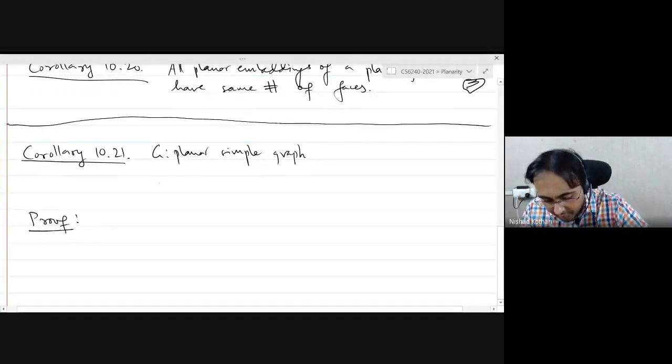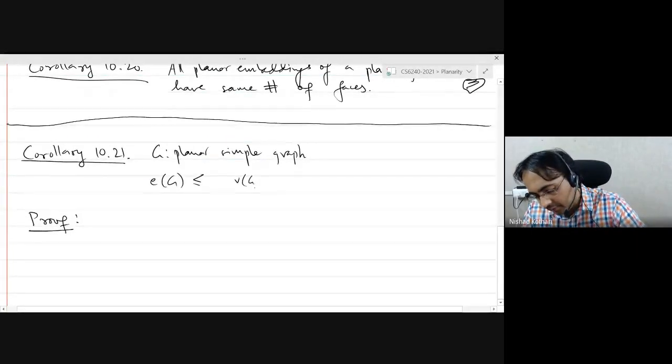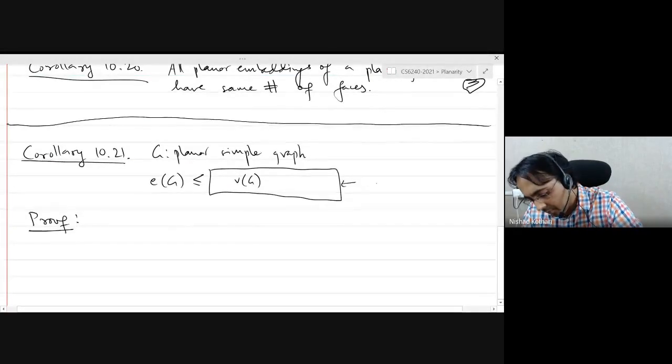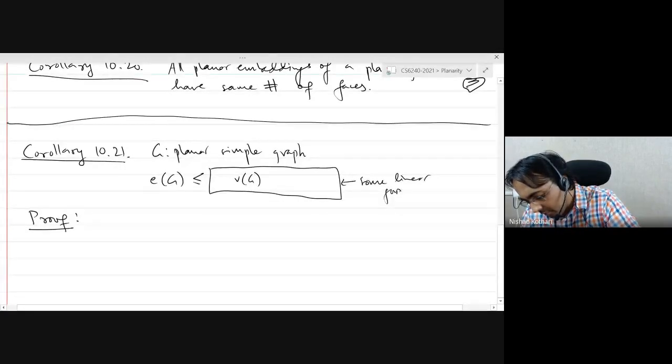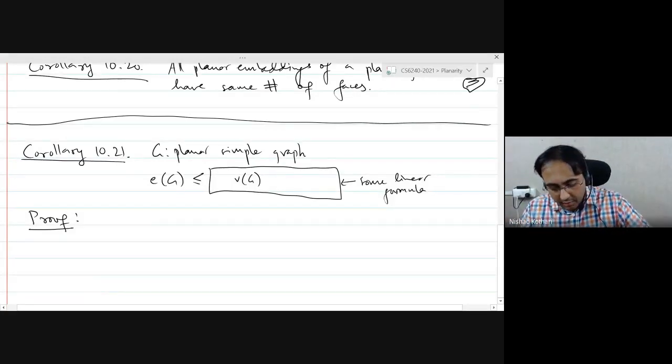We want to prove that the number of edges of the graph is bounded by the number of vertices, some linear formula. Right, so linear in the number of vertices. Okay, so well, what are the tools we have? I'll take a planar embedding of the graph.